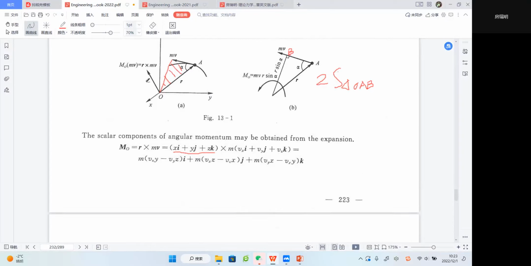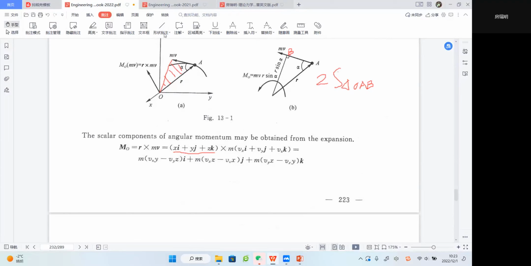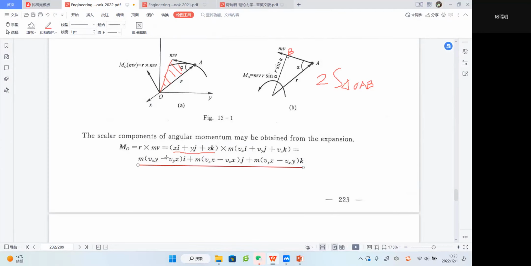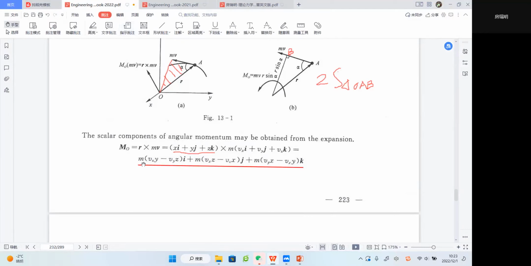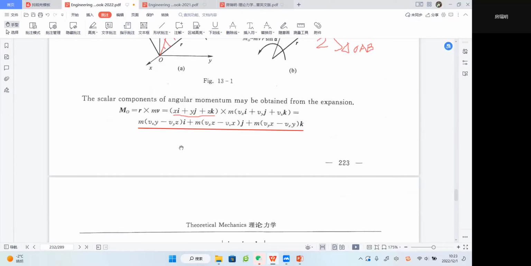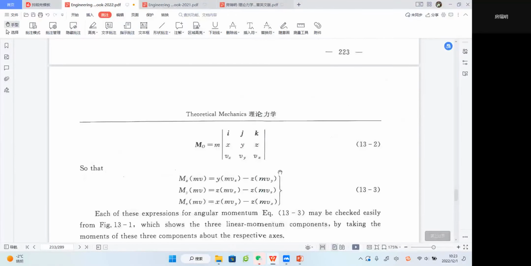So I think this will be very hard for you guys to remember, right? Maybe you will find it very difficult to remember such a long expression. In my opinion, we do not need to remember this. You should remember the rule for how to find it. So this is the determinant calculation, right?